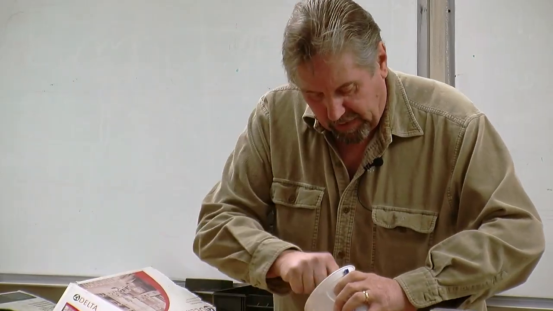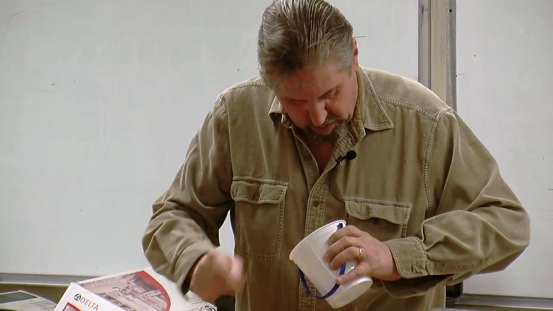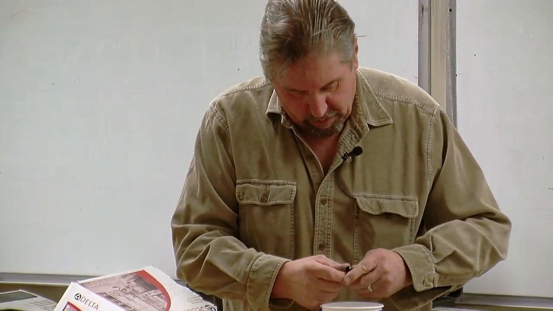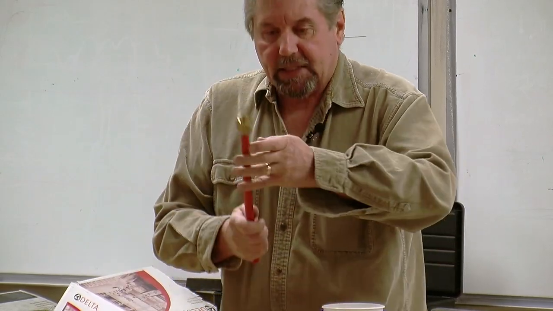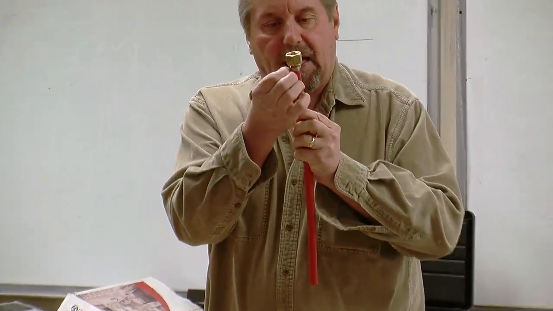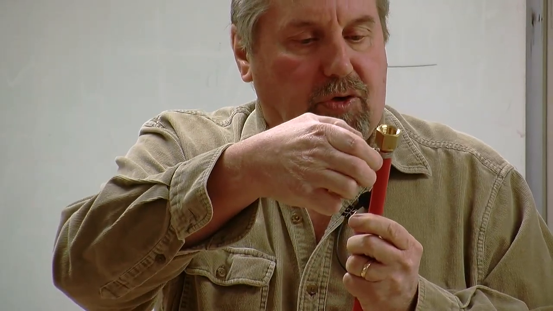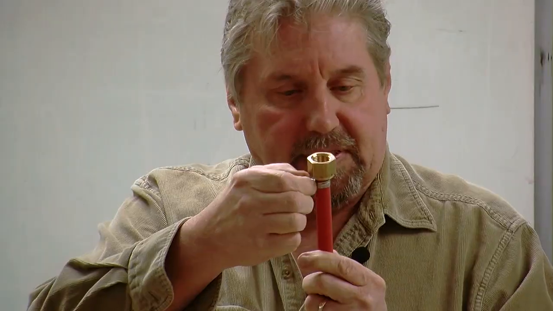There's a couple kinds of clamps. If you look at this, this is a clamp that has a side. The tool actually clamps on one side and it pulls up the excess off to the side.